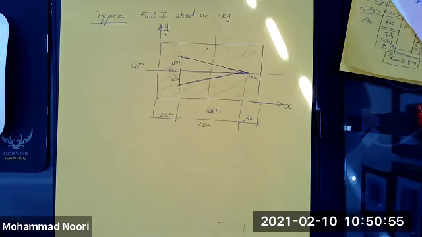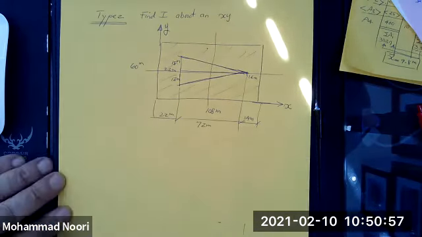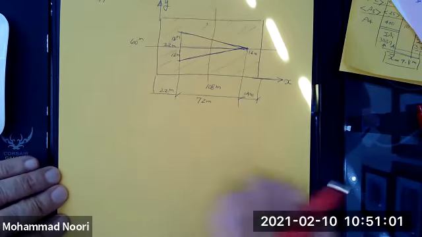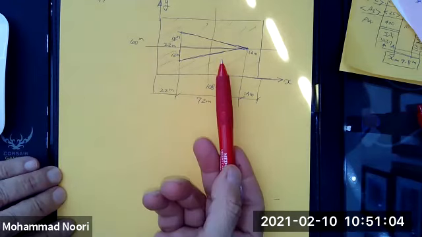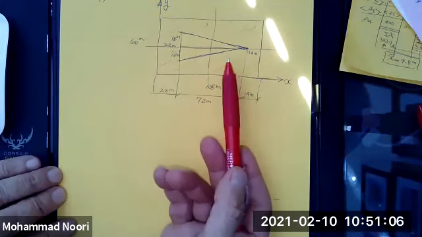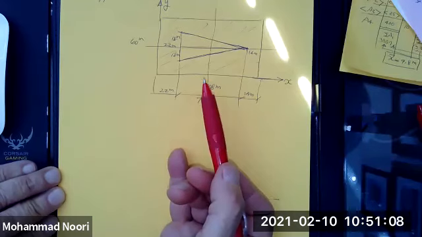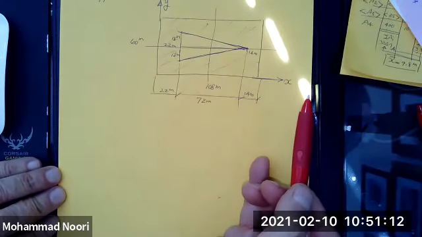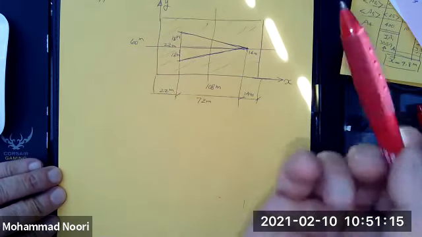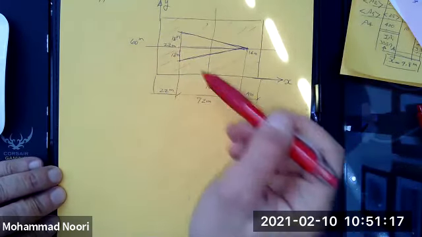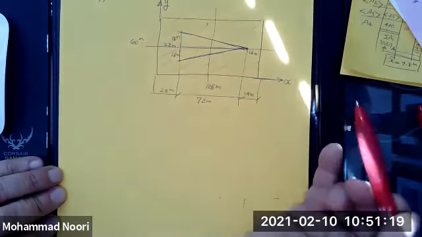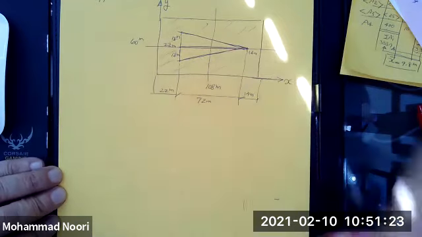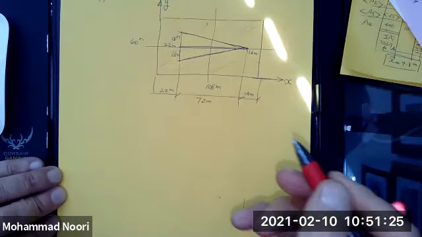This type of problem is easier, with less operation involved. Why? Because you no longer need to find the centroid of this shape. All you need is the distance from the centroid of each shape to these axes that are given. But as a first step, obviously, you divide this into sub areas.